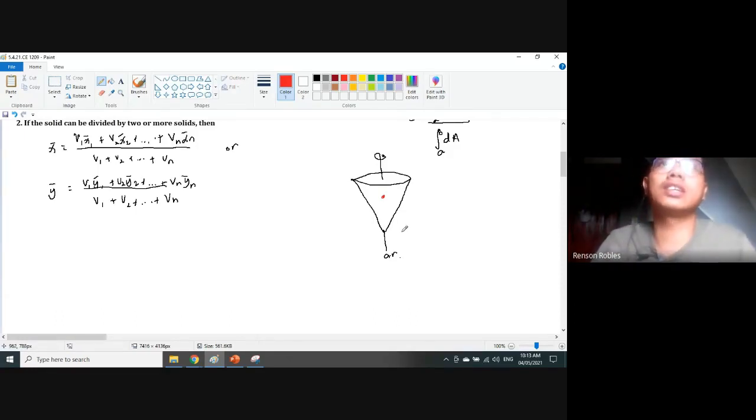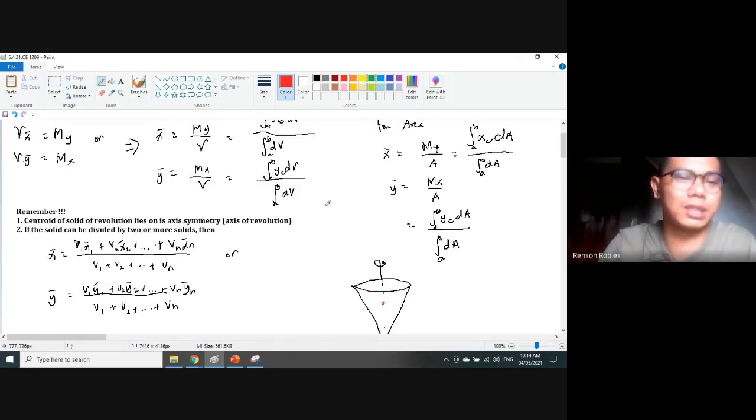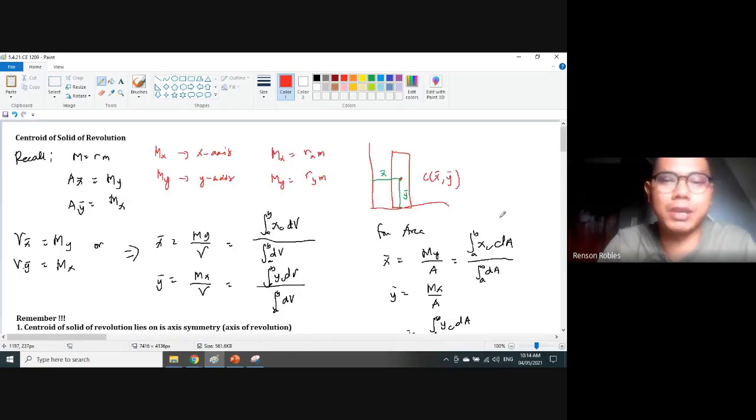The only thing that we need to look for is on what portion of this line can we find the centroid. It could be somewhere here. The conclusion is the centroid can be found on the line of symmetry.